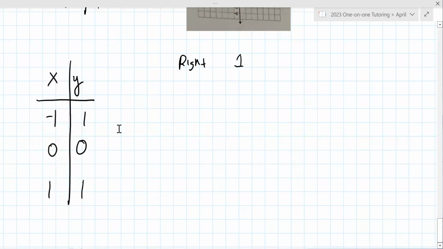Right 1 is like you should be able to add by 1. Right, but is it affecting the x or the y? And think back to the x. That's right. So x goes to x plus 1. Yes, x plus 1. -1 plus 1 is 2.